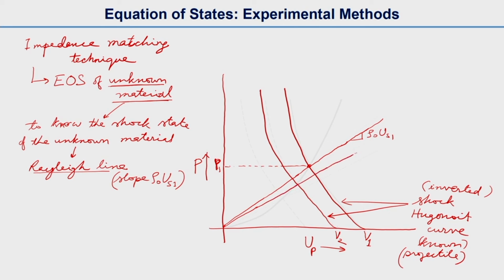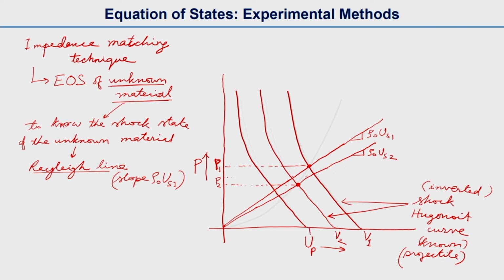This line will have a different slope rho naught US2, and similarly for pressure P2. So, this point will give us a shock state of the unknown target material at a pressure P2, and then similarly we can perform the experiment at a different impact velocity.